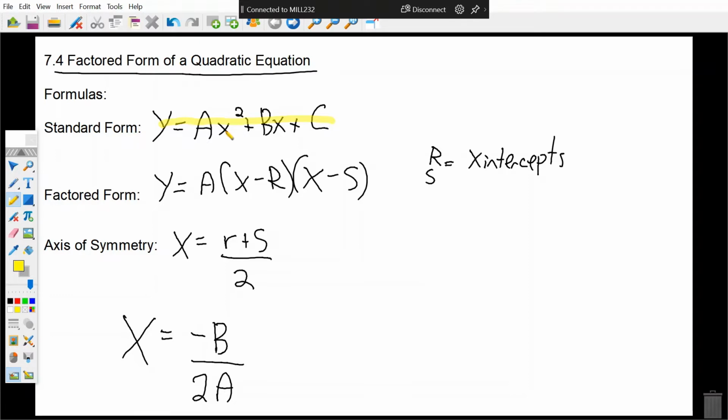So if you factor ax squared plus bx plus c, it goes into the form y equals a bracket x minus r times x minus s. And r and s are the x-intercepts. So that's an equation we're going to be using a lot today.